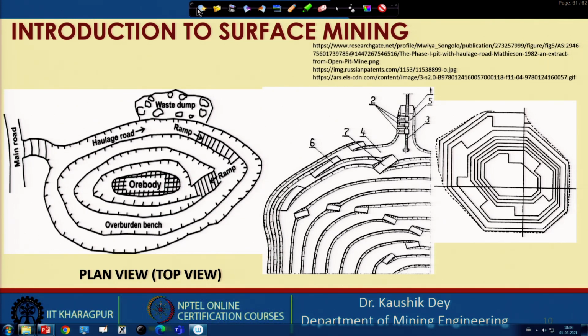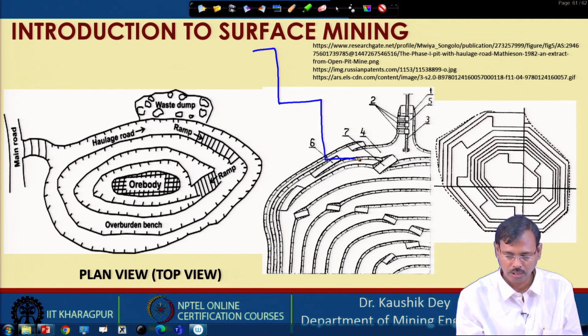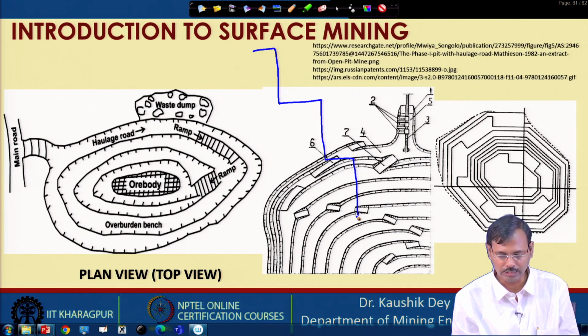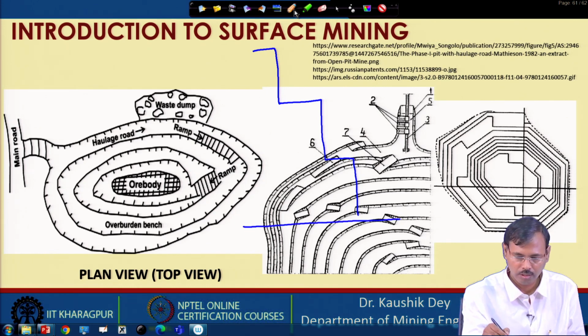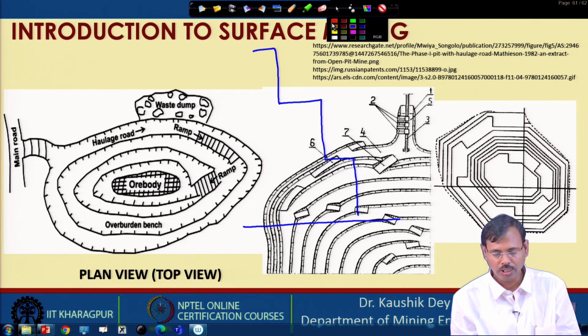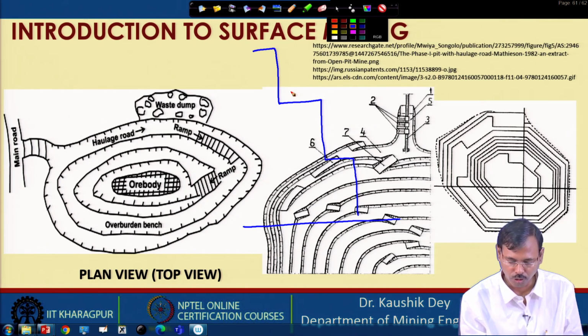Now, if you are looking at one bench part, this is the sectional view and we have to draw the plan view.